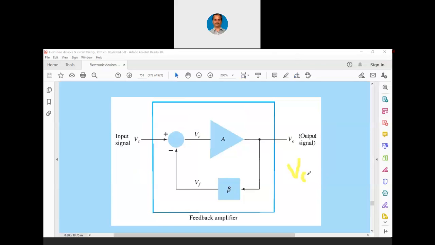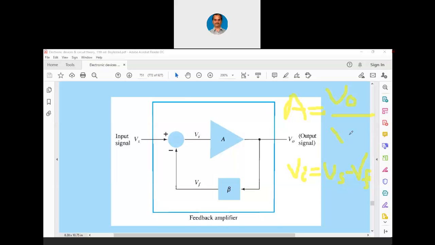Vi equals Vs minus Vf. Now, what is A? A is V0 divided by Vi.